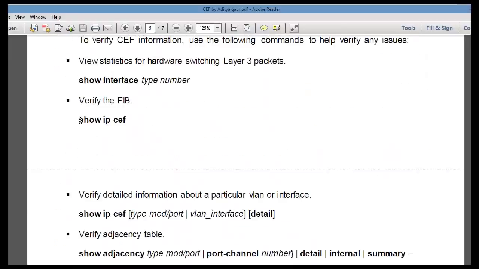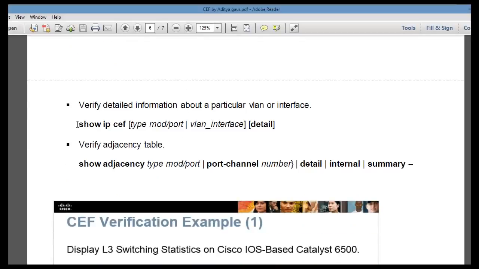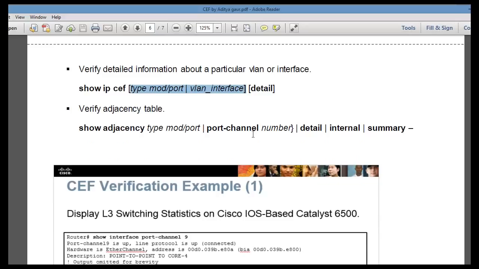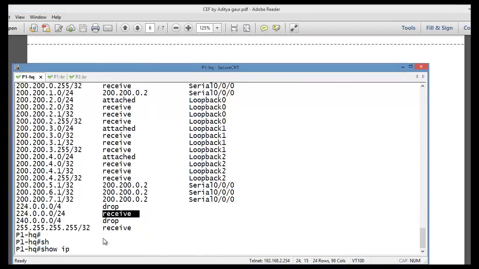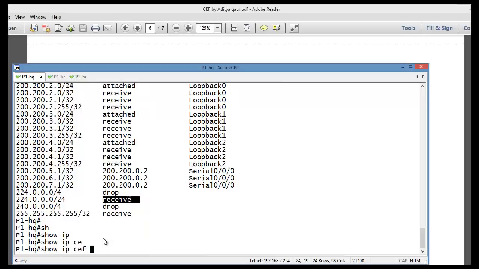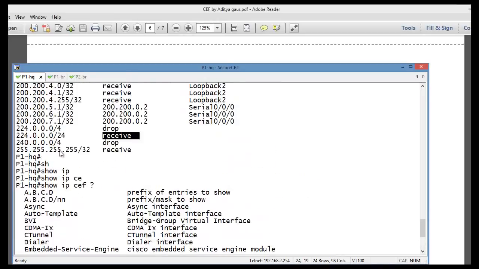Cisco Express Forwarding is working. You can see it for a particular interface: show ip cef, and then after it could be a VLAN or an interface. If you put the question mark, you will find everything.